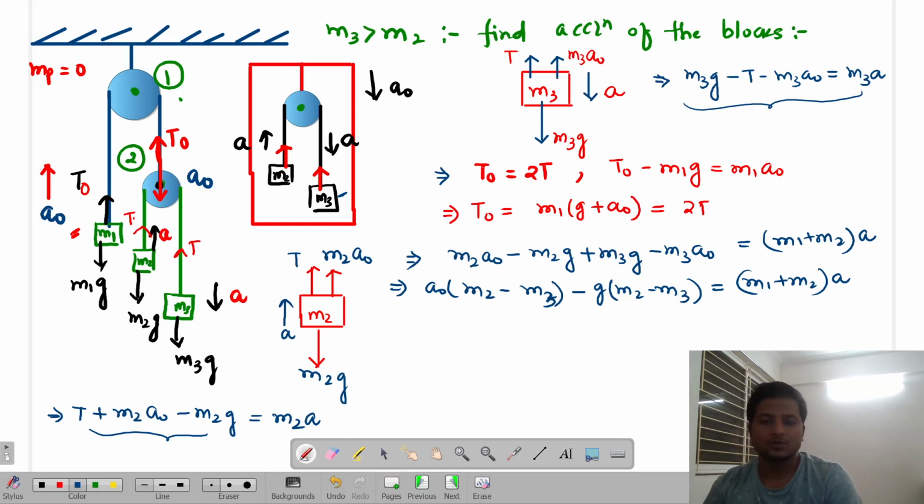So basically you can utilize two or three equations. One minute.